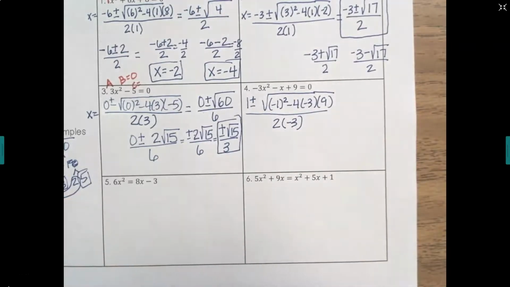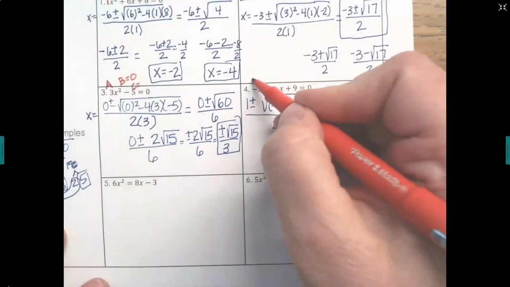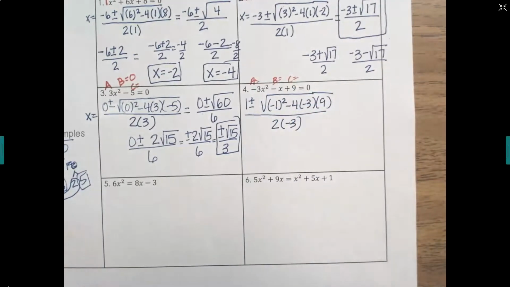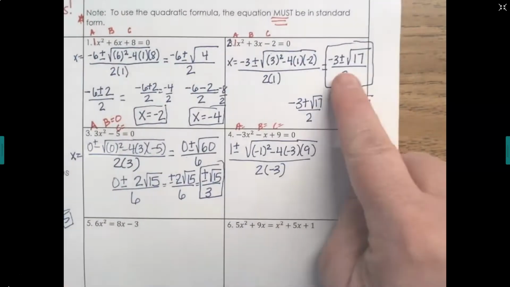Okay, so make sure you're getting your information. If you need to, keep labeling A, B, and C so it helps with your thinking. But we've been labeling A, B, and C for a couple days, so hopefully we're starting to pick it up. Okay, now stop the video and try to simplify down to this very first step.